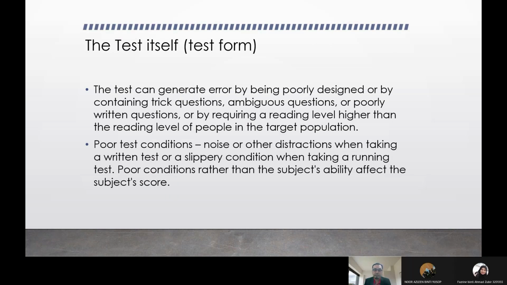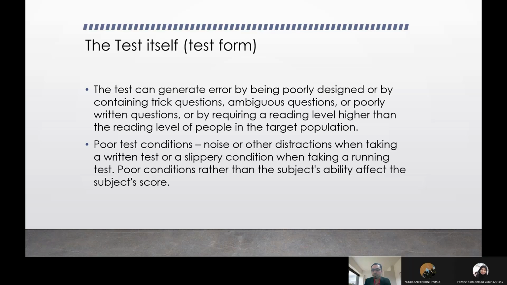So the first one, the test itself, the test form or the instrument. The test can generate error by being poorly designed or by containing trick questions, ambiguous questions or poorly written questions, or by requiring a reading level higher than the reading level of people in the target population.